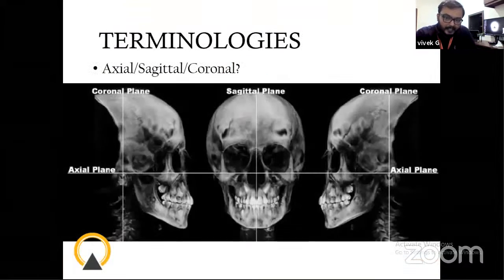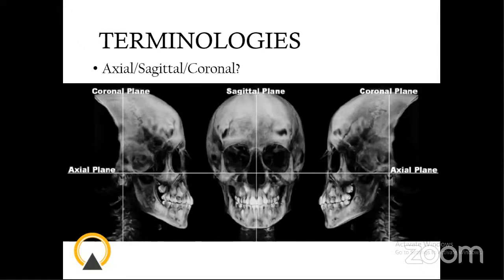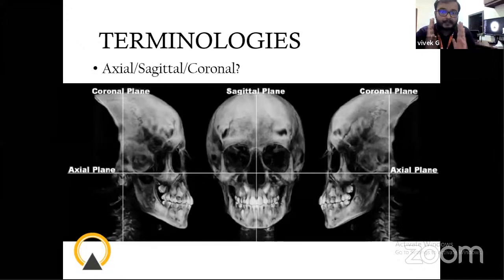So with that, I'll talk about terminologies: axial, coronal, and sagittal. Most of us might know what it is, but just to refresh, the coronal, sagittal, and axial planes are orthogonal planes, that is, they are at 90 degrees to each other. The axial plane is a horizontal plane, whereas the coronal and sagittal planes are vertical planes.